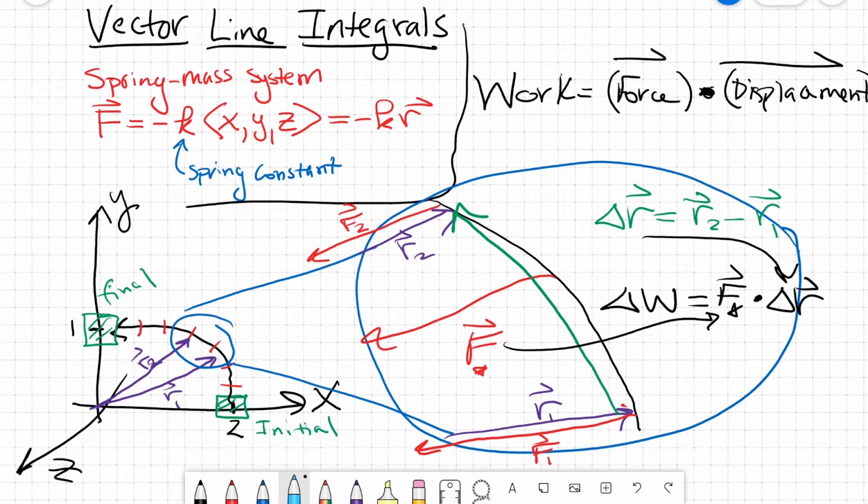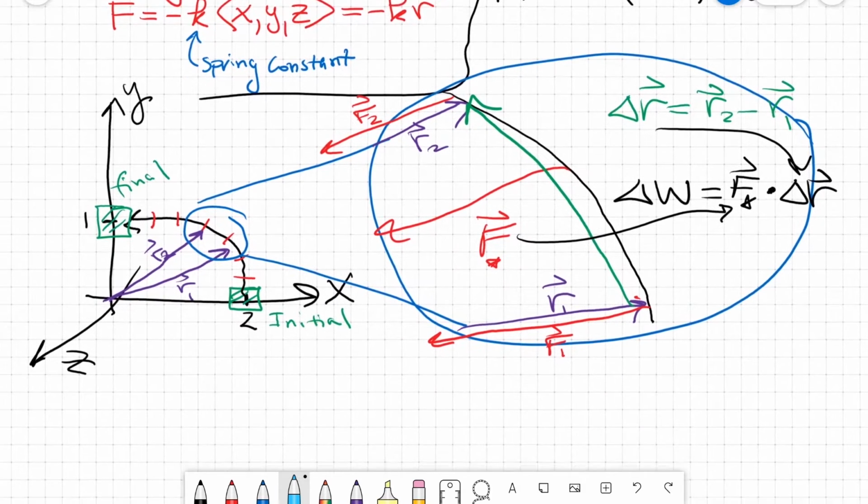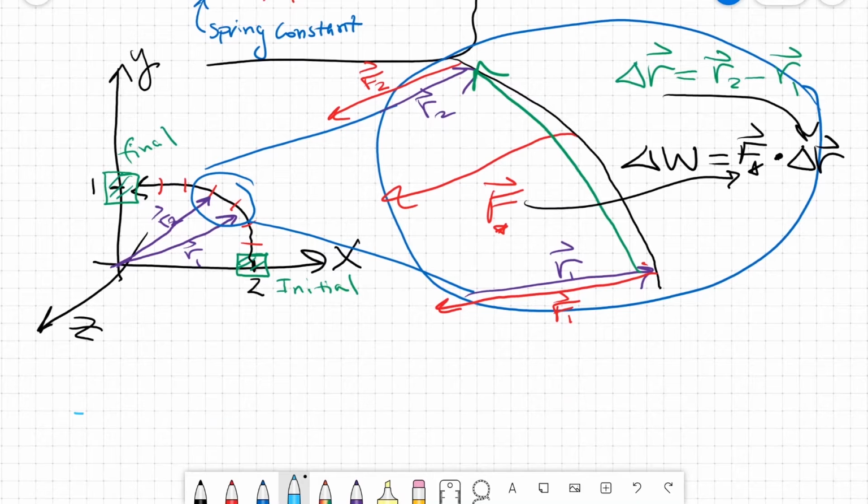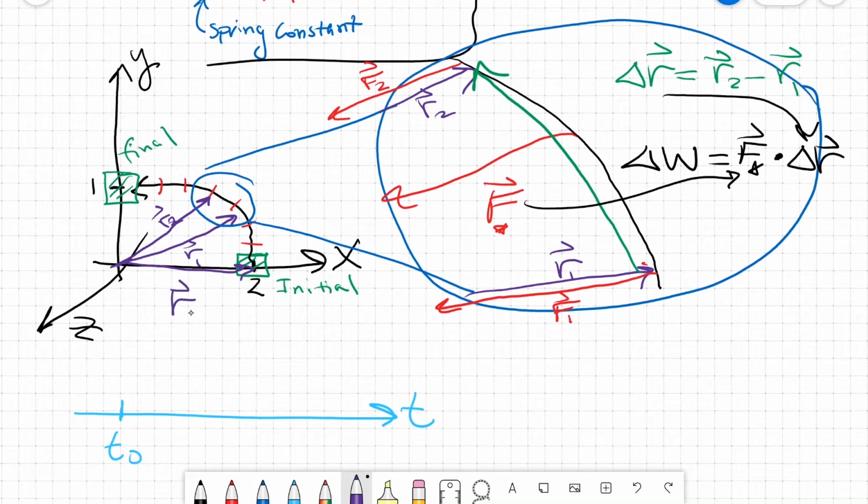Well, how do we consider all segments? Here, we're going to need a parameterization. Let's track our motion using this time parameter. So at time equal to t naught, we'll be at the initial position at r naught. This is where t equals t naught. And t final will correspond to the final position.